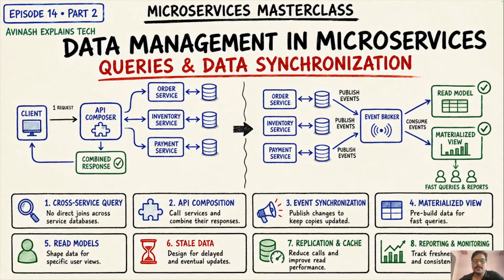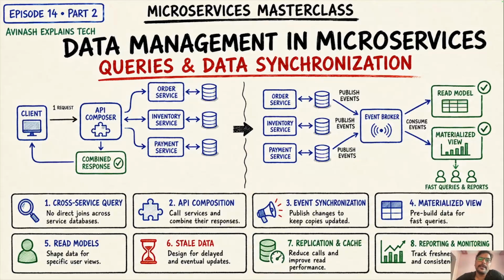In those cases, we may verify the data directly with the owning service. The user interface should also handle intermediate states such as processing, pending confirmation, updating, payment verification in progress. We should monitor synchronization delay and define acceptable freshness limits for every read model.